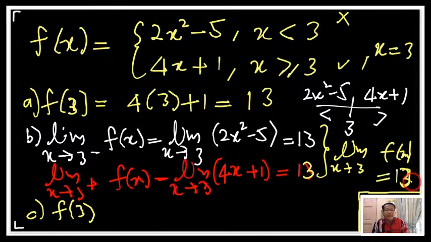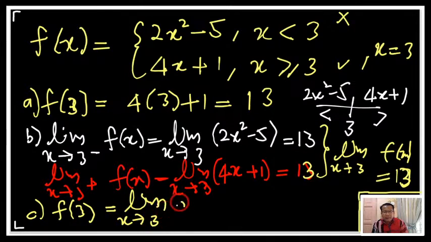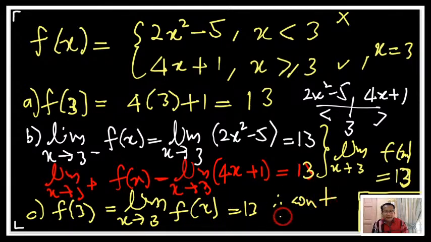It's 13. If this one is 13 and this one is 10, the limit does not exist. Okay, so since this one is 13 and this one is 13, they are equal to 13. Therefore, continuous at x equal to 3.